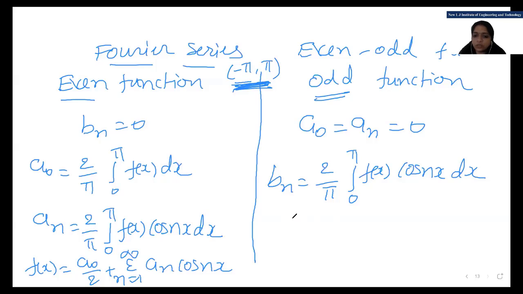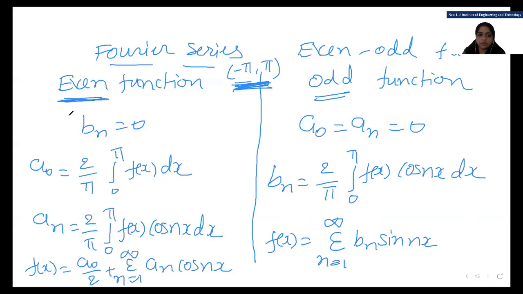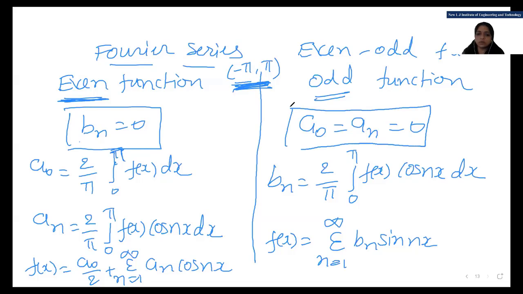Similarly, for odd function, your final formula is summation n from 1 to infinity bn sin nx, because here a0 and an are 0. So for even function, bn is 0, you can directly write it, no need to find the value of bn. And for odd function, no need to find the value of a0 and an.